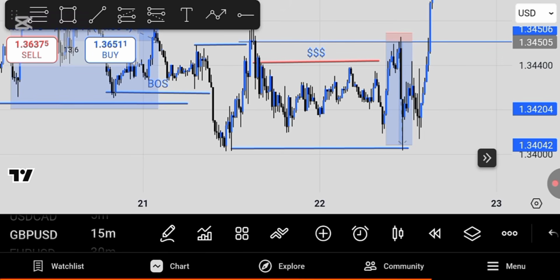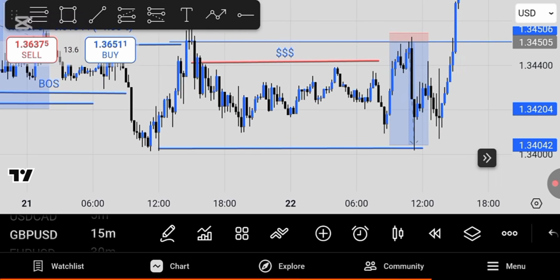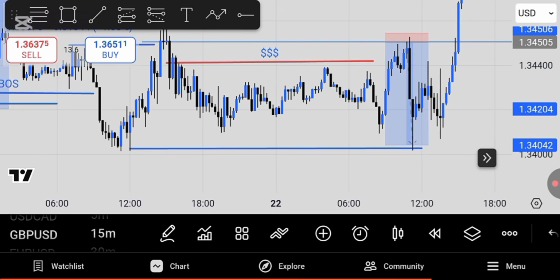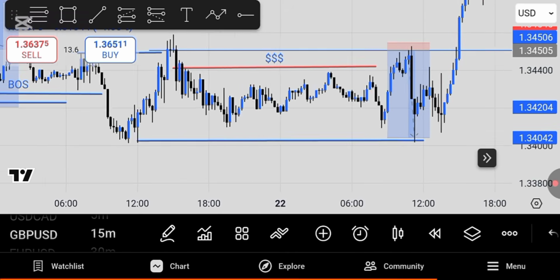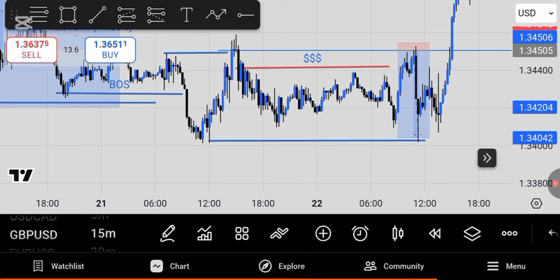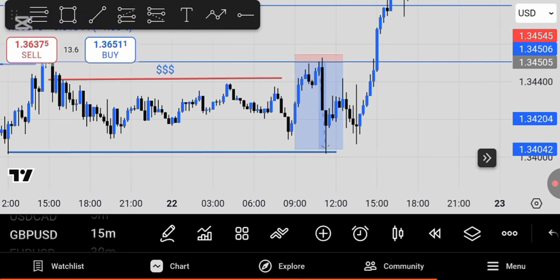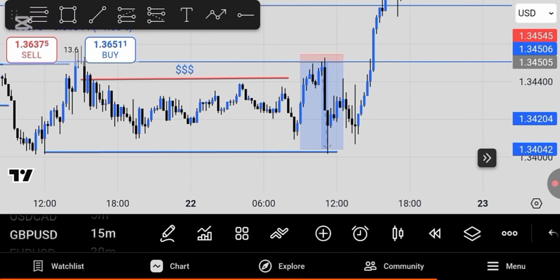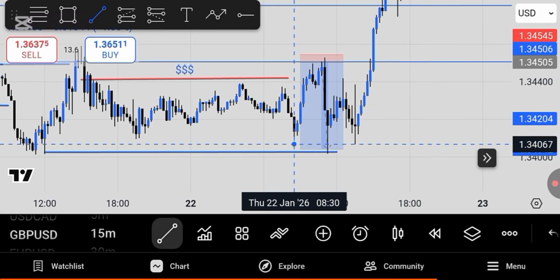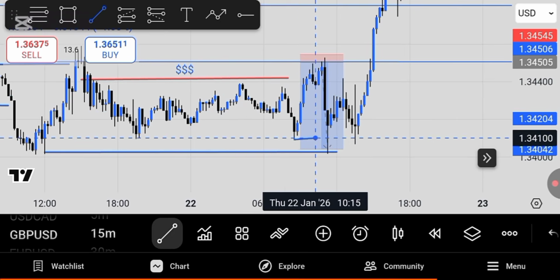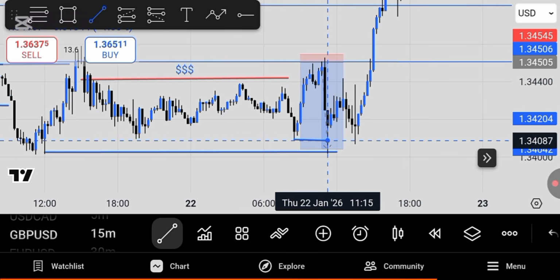Now let's repeat the same process on how we got the buys. These buys, even just from this place, you can understand how from the 15 minutes, which is the lower time frame, we got these buys. I know you can see it. First, we had the sweep of liquidity, which is here.